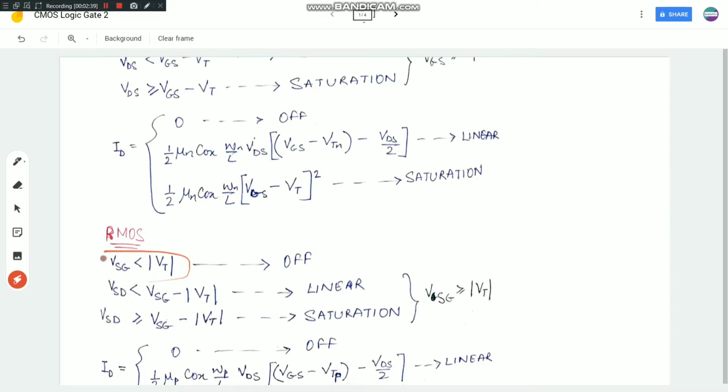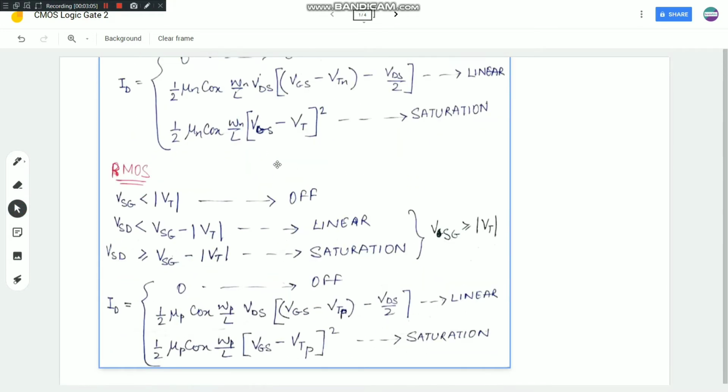VSG less than or equal to mod VT, we are in the off region. Now to keep the PMOS on, we need VSG greater than or equal to mod VT. To have the device in the linear region, VSD should be less than VSG minus mod VT. VSD should be greater than or equal to VSG minus mod VT to have the PMOS in the saturation region.